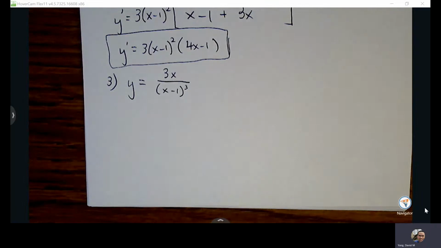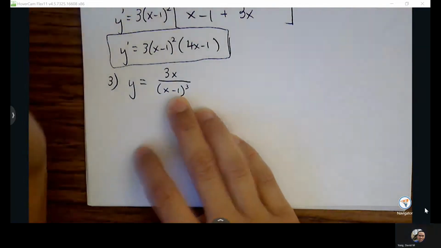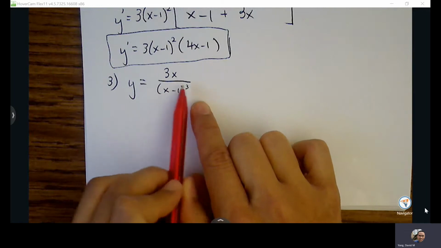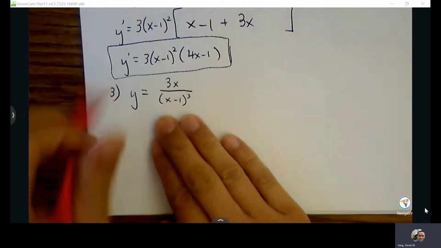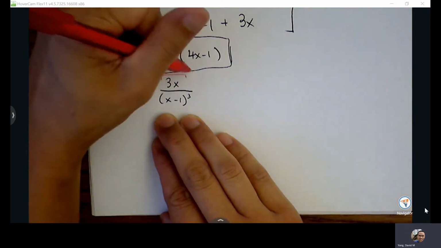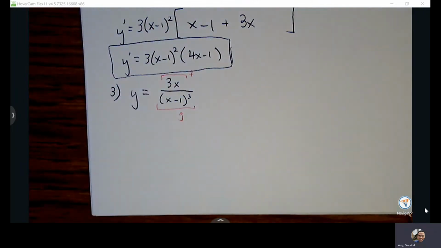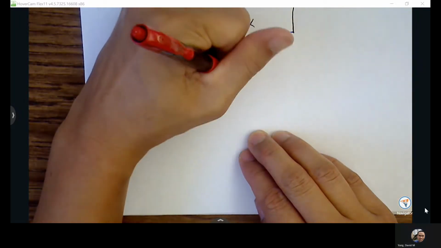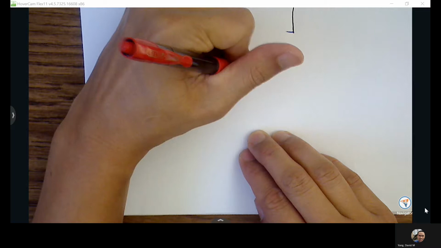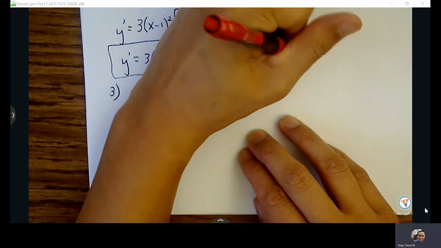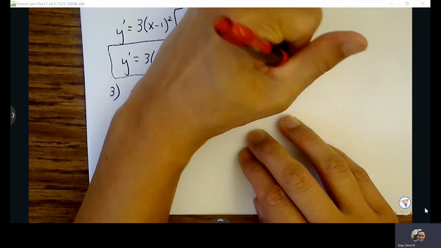Okay, so number 3. We see now there's a need for quotient rule, right? Use quotient rule, easier for students to recognize because they see the denominator. So we got f and g. Okay, quotient rule, f prime g minus f g prime all over g squared.